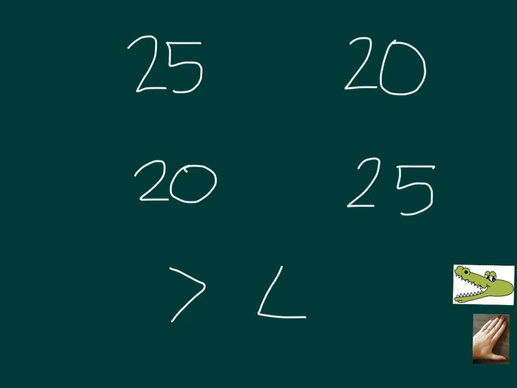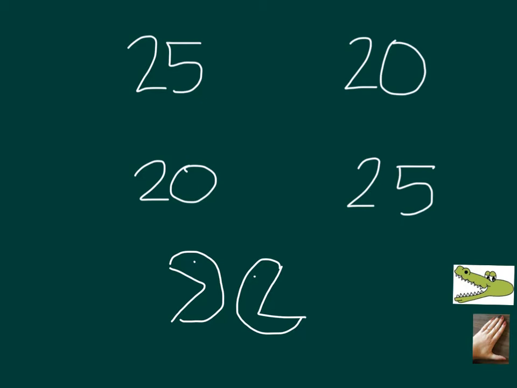When I am comparing numbers like 25 to 20 or 20 to 25, I can think of my greater than or less than symbols like people. I'm going to turn them into people quick. I'm going to think of my people as being hungry, and my numbers are my people's food. My symbols are always going to want to eat the bigger number.